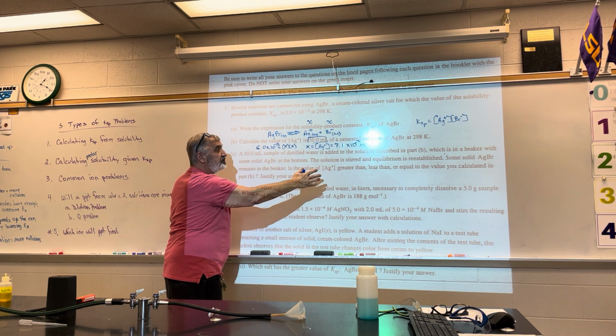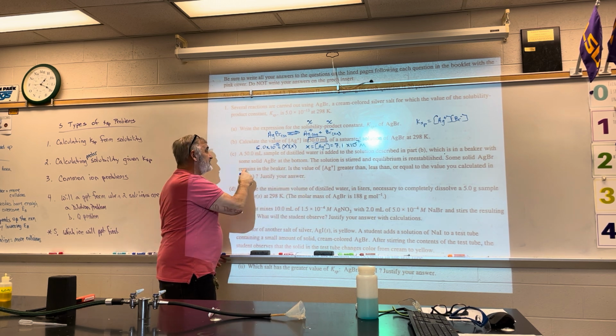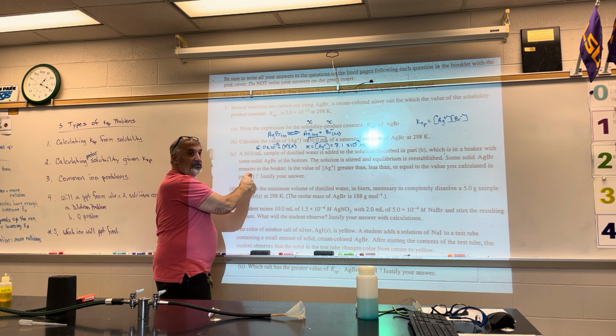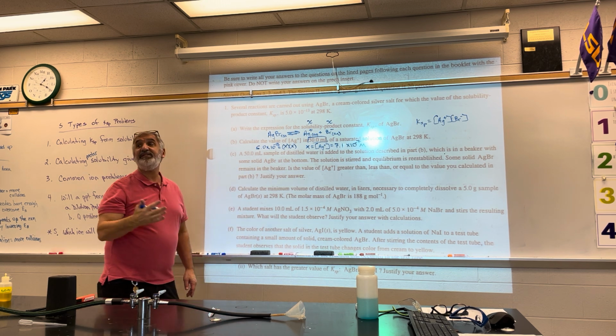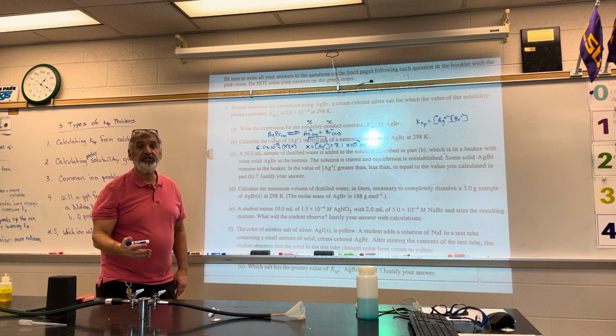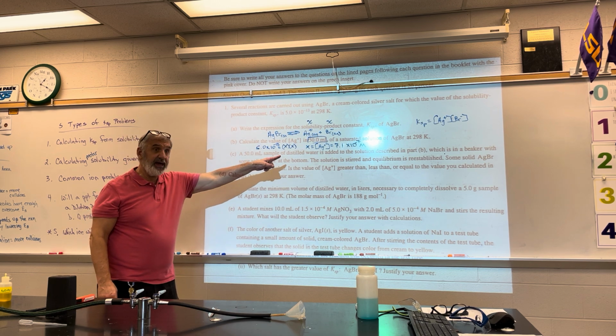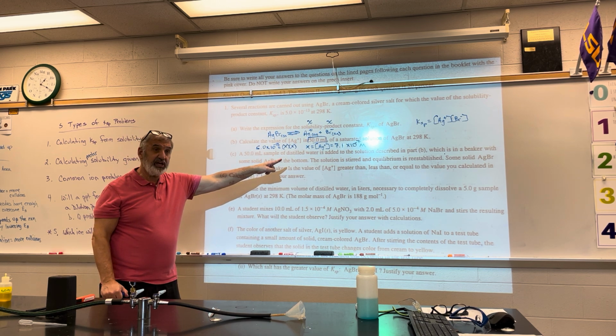The solution is stirred, equilibrium is reestablished, and some solid silver bromide still remains in the solution. So it's still a saturated solution. Well, what's the concentration going to be of a saturated solution? That. We didn't change anything.